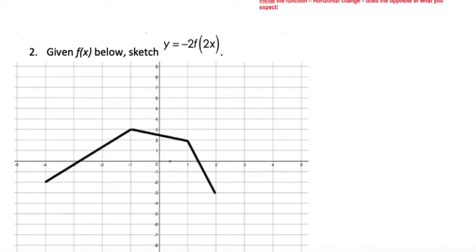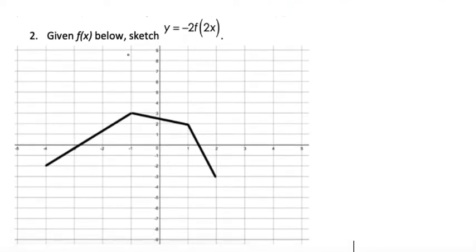Here we don't have a parent function. This is our f of x, and so let's see what we need to do. Decide on the transformations. This is again going to be a reflection around the x-axis, so the y values, and then a vertical stretch by 2, and then this is going to be a horizontal stretch.